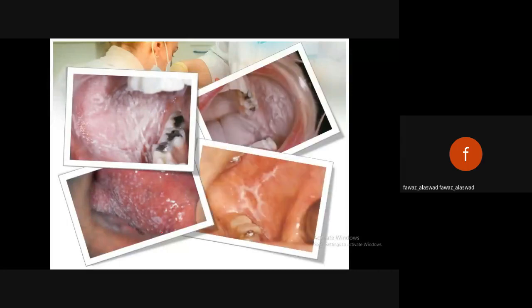Here are some of the slides. Here we could demonstrate the Wickham striae of lichen planus, which radiates on the buccal mucosa, mostly mucocutaneous types of lesion associated with skin involvement.